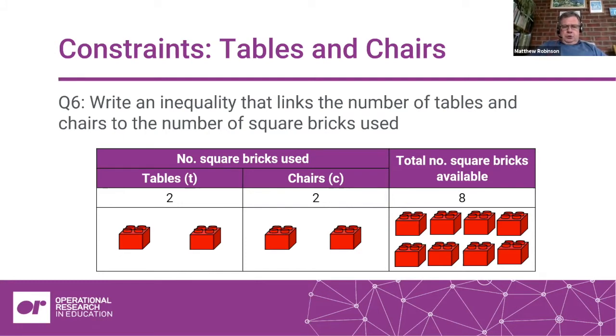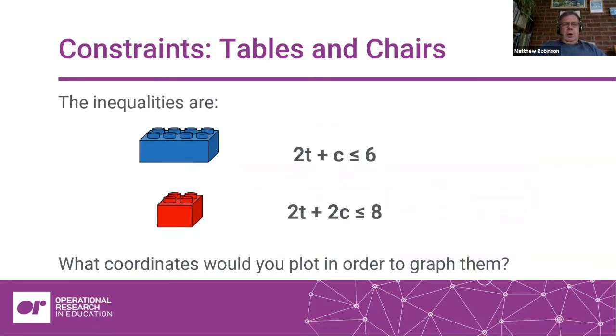I'm sure most of you will have reached this point by now. So the inequalities are, for the rectangular bricks, remember, for each table we use 2 of these bricks, and for a chair we use 1.